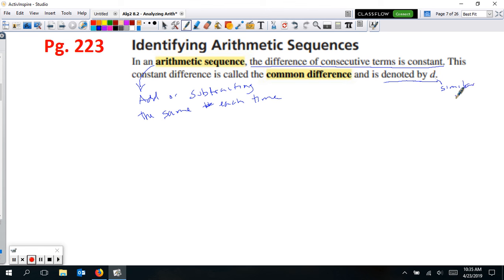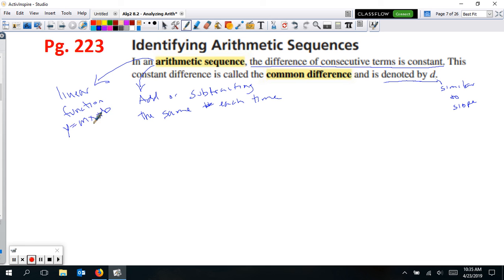It's similar to slope, because we are talking about linear equations here with arithmetic sequences. An arithmetic sequence is a linear function. It's another thing you may want to put down here as well. So we can think of it in terms of a y equals mx plus b kind of equation.